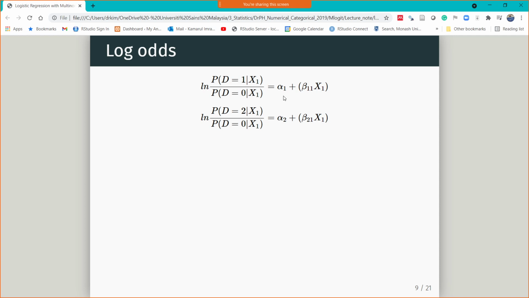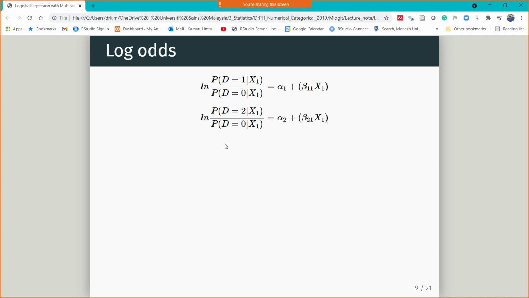So you have the intercept alpha 1 and intercept alpha 2, because this is the intercept for logit 1 and this is the intercept for logit 2. These are the regression coefficients for logit 1 and this is the coefficient for logit number 2.